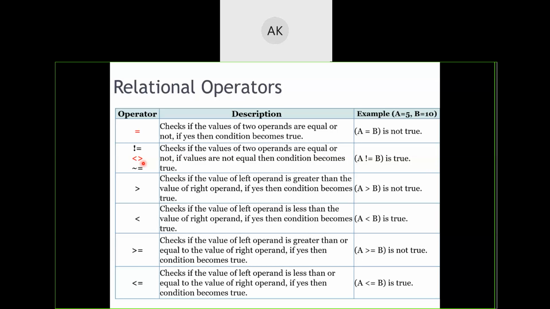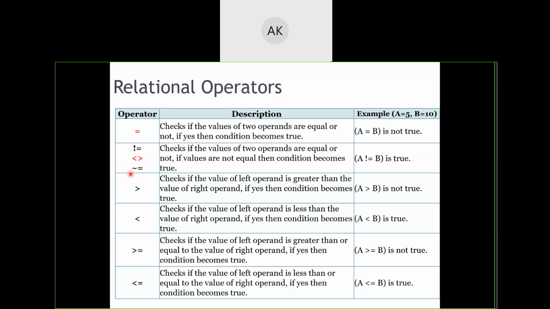If something is less than or greater than, that means it is not equal. So in order to show that something is not equal, you can use this operator also, but do remember there is no space in between them. Without any space, you have to write less than symbol and greater than symbol. It is equivalent to this not equal to.